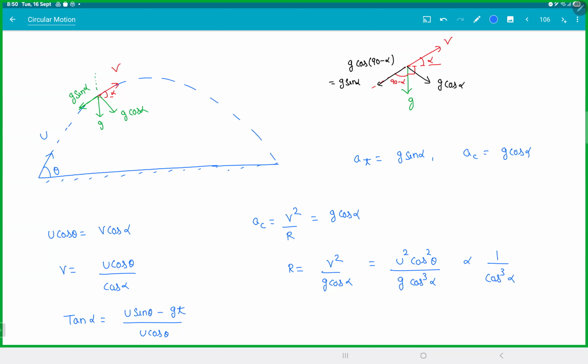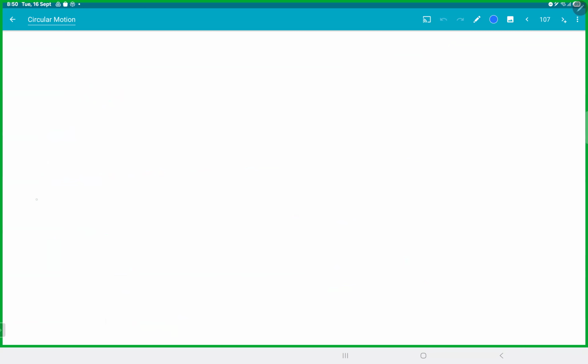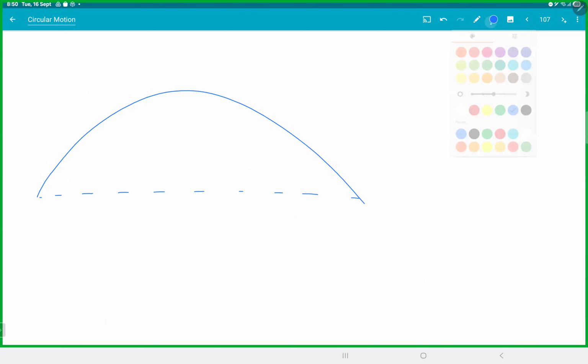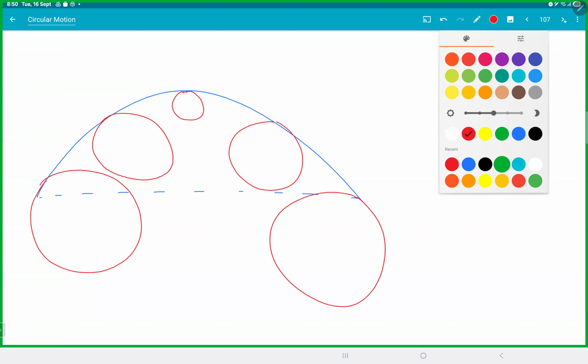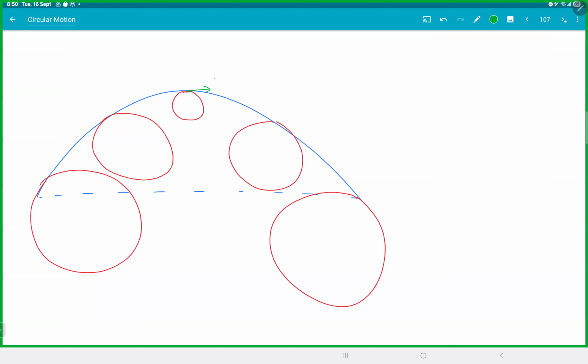If you actually observe this, when this is going in a parabola, initially the radius of curvature is pretty big. As you go up, the radius of curvature decreases. At the highest point, you have the minimum radius of curvature. And then again, it increases. At the highest point, the speed is minimum, u cos theta, and the gravity is maximum, g.